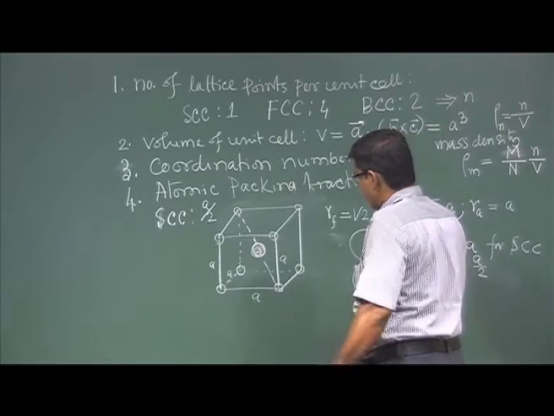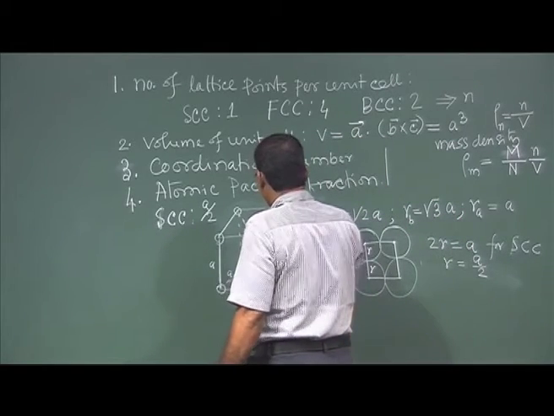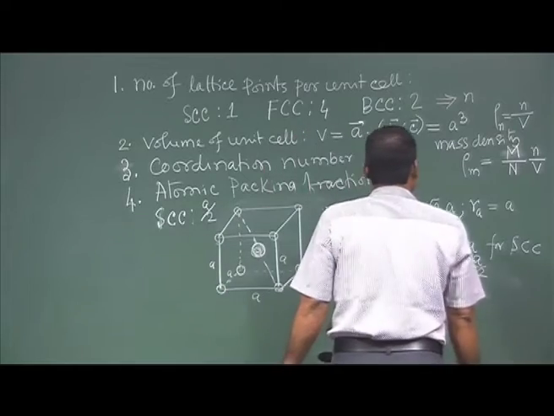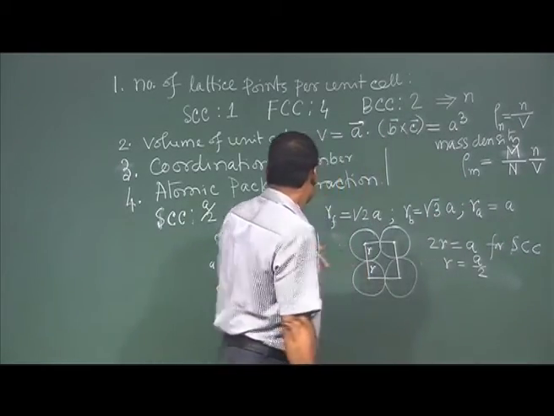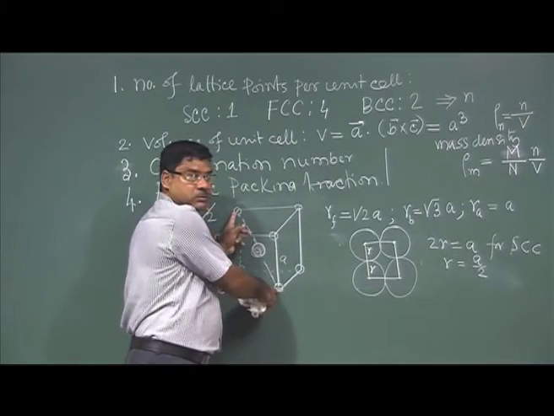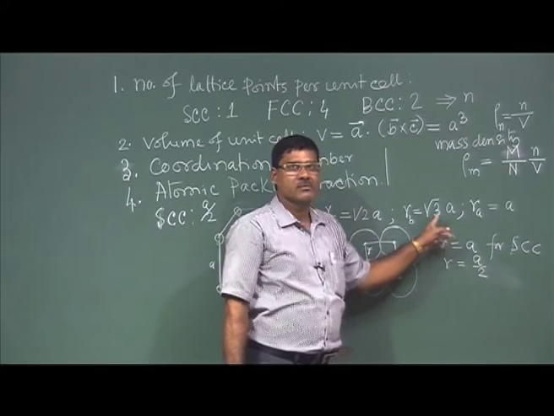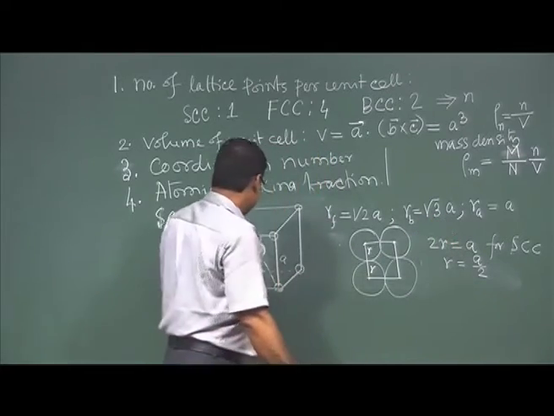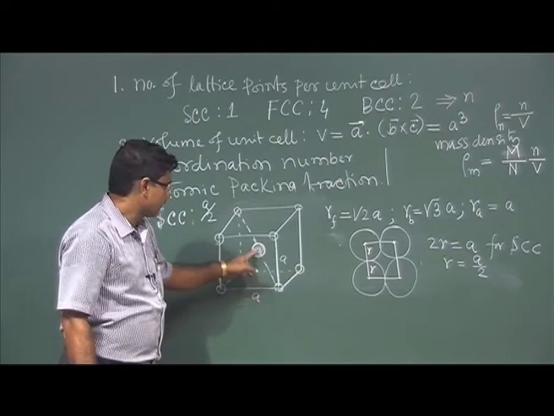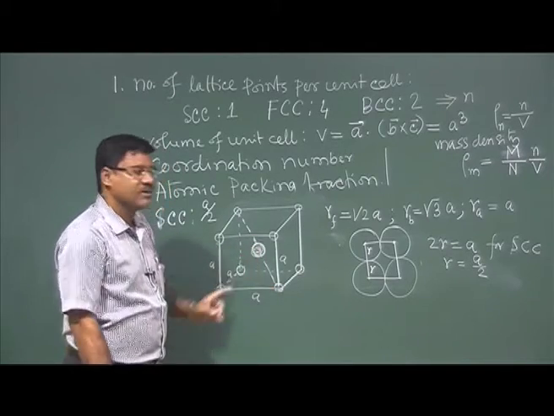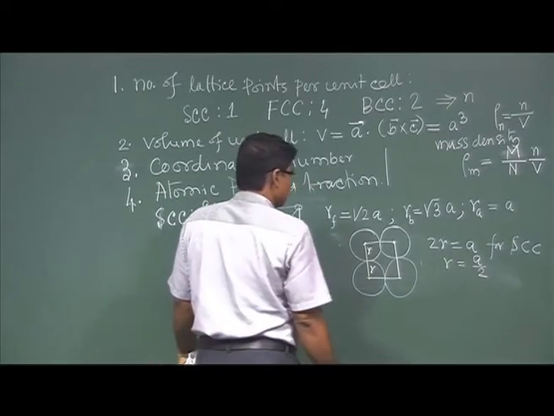The distance between the corner atom and the center atom will be root 3 by 2 a.